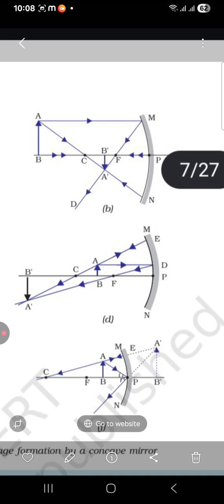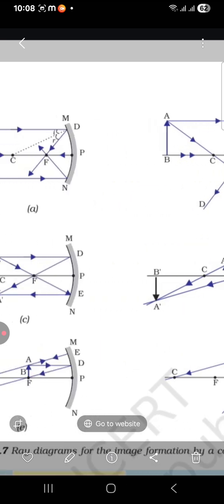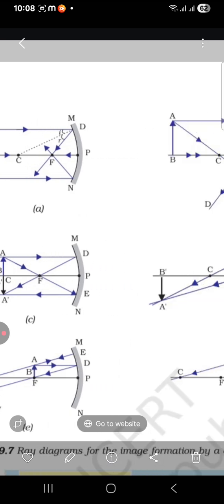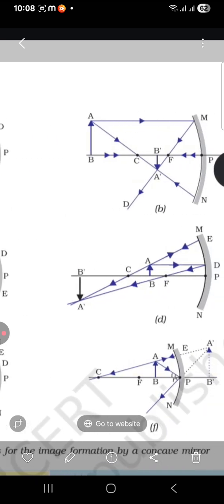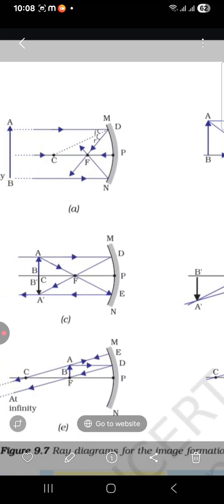It will retrace its path. So what you see, if object is beyond center of curvature, light rays actually converge at a point between focus and center of curvature. A real, inverted and small image is formed, right? So here image size is small.